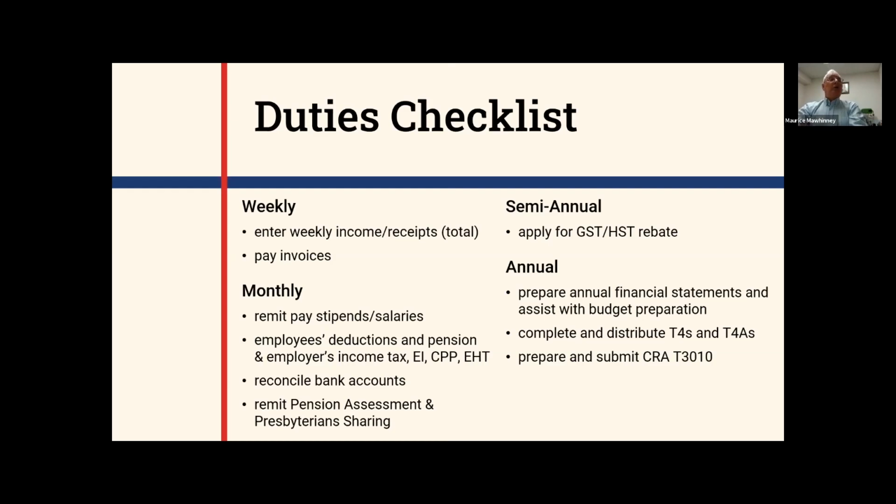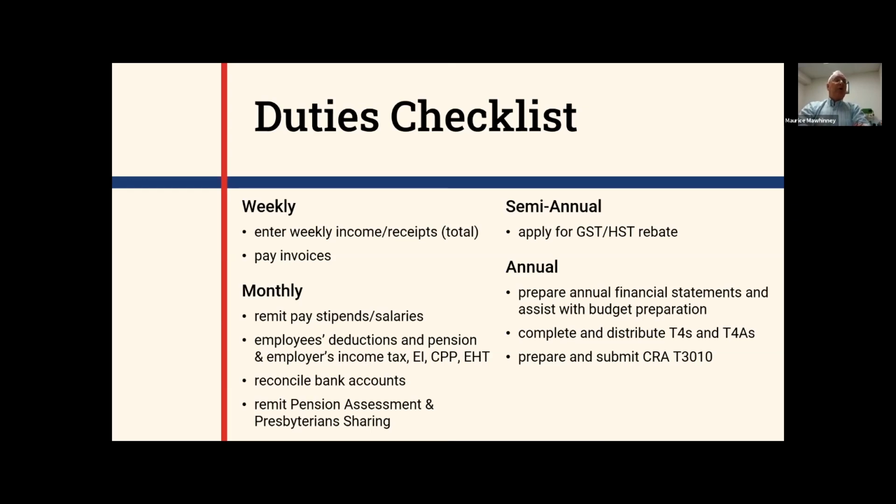We need to make sure that you're doing your payroll and your stipends on a monthly basis, making sure that the deductions, the pension and income tax, etc., are all remitted on a timely basis. If I can mention, depending on your congregation, you may be required to remit your deductions to the CRA on a monthly or on a quarterly basis.